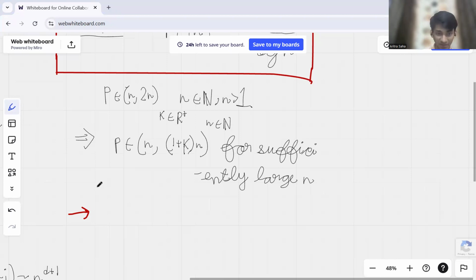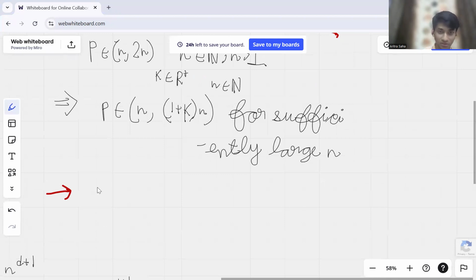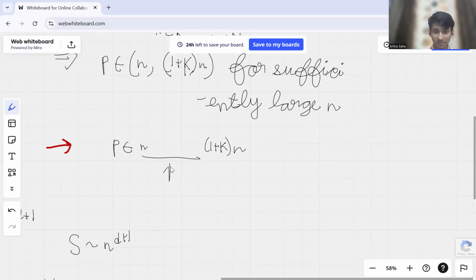I'll just give the idea for this. If you see the difference here, the prime must lie in the interval from n to 1 plus k into n. So the length of this interval is kn. So there must exist a prime in an interval which has length kn.